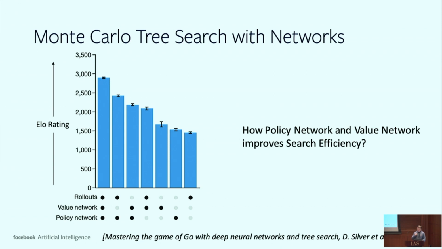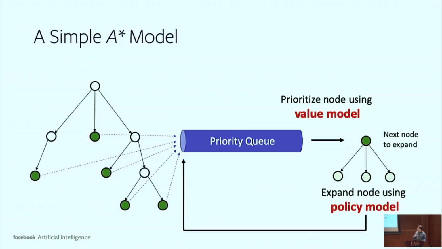But in the AlphaGo paper, they show that if you combine the policy network and value network in Monte Carlo tree search, this definitely improves the strength of the bot. And we could imagine that, given the same amount of training samples, the sample efficiency and search efficiency are also improved. To analyze that, we use a simple A-star model.